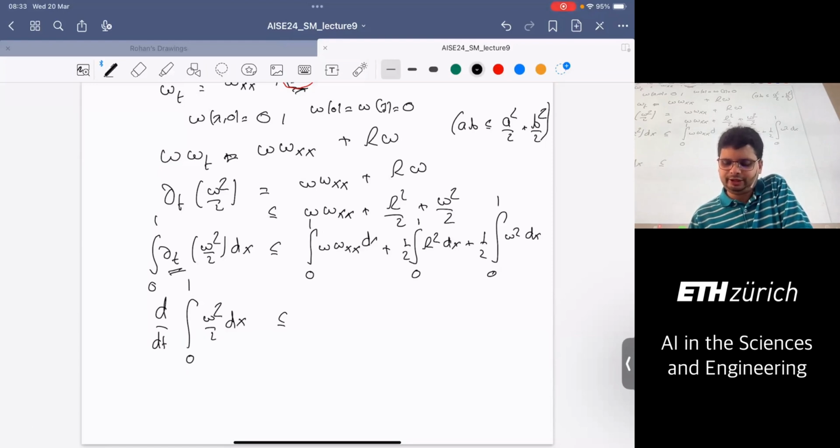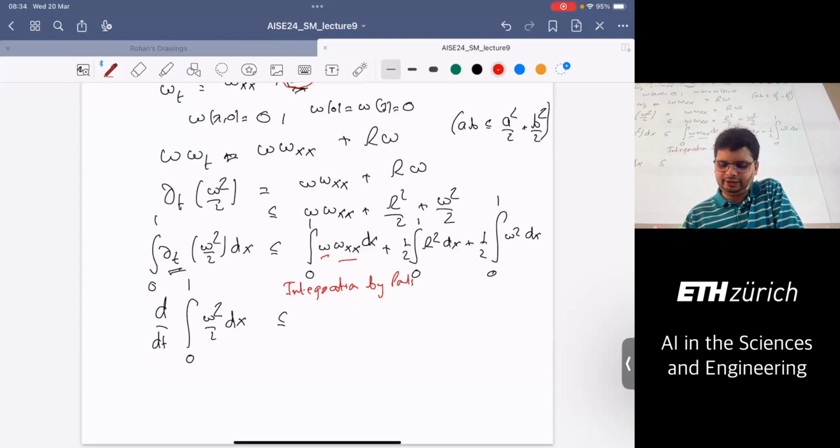Now here I'll do something interesting, a very, very simple trick. All of you should be able to know this. I have the product of two functions here, so I can use integration by parts. This is in one dimension, so everyone knows what integration by parts is.